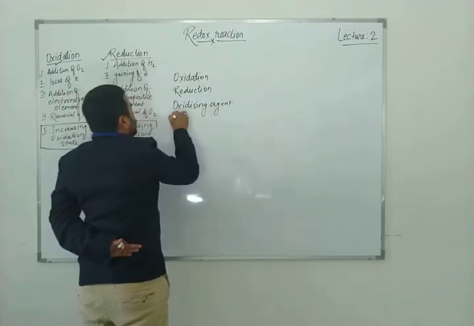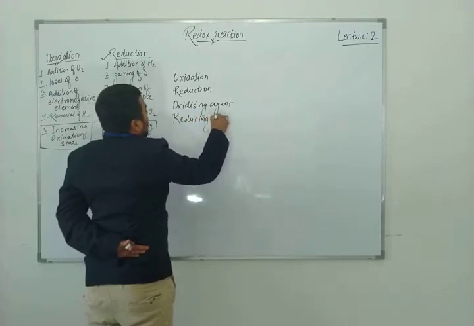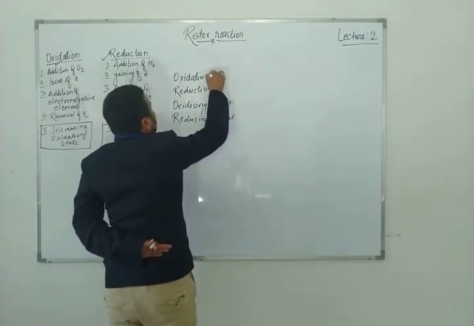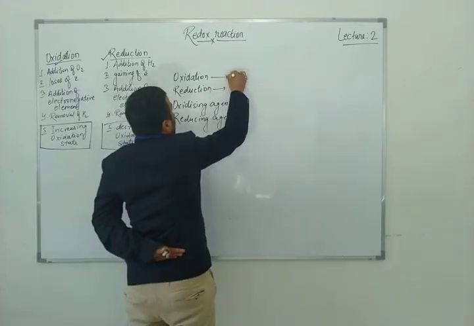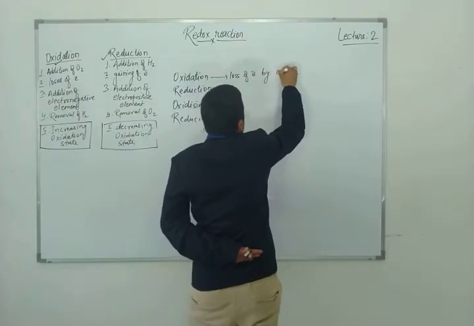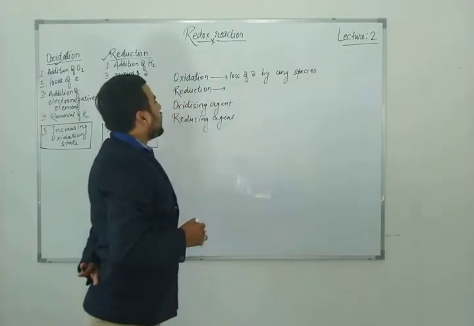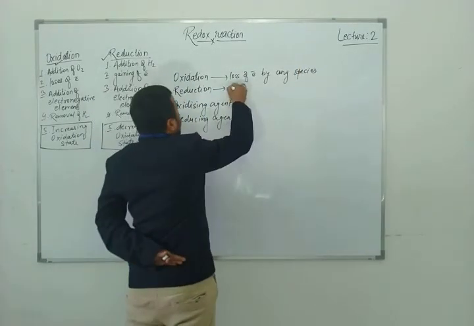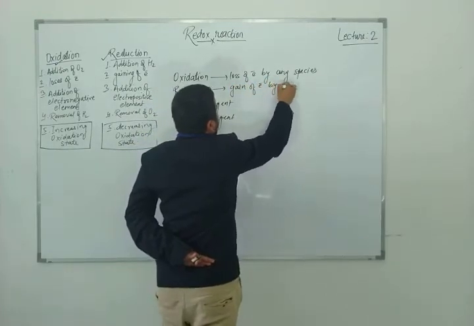These 4 things you should always remember whenever you are going through this chapter. Oxidation means loss of electrons by any species, by any element. If the element is losing its electrons, that means it is oxidation. Reduction means gain of electrons by any species.